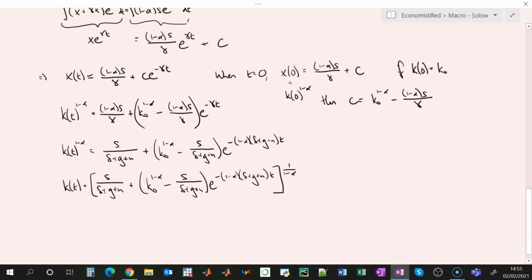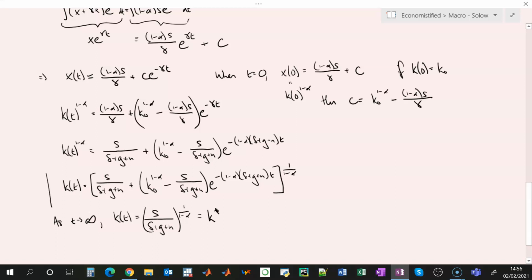And so you see that as t goes to infinity, this term goes to 0, like I said, and our capital stock per effective worker approaches this. So as t goes to infinity, capital stock per effective worker approaches this constant value, which we found in the last video was our steady state value of capital stock per effective worker. So as we expected, capital stock in the long run approaches a steady state value given by this expression here.